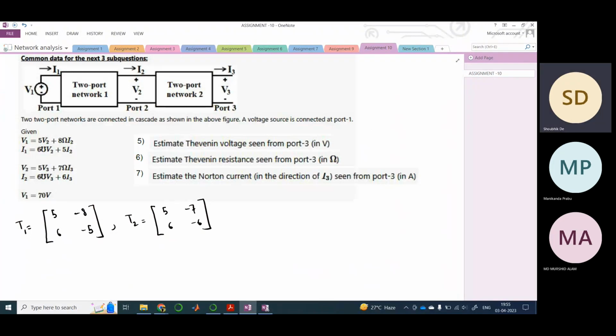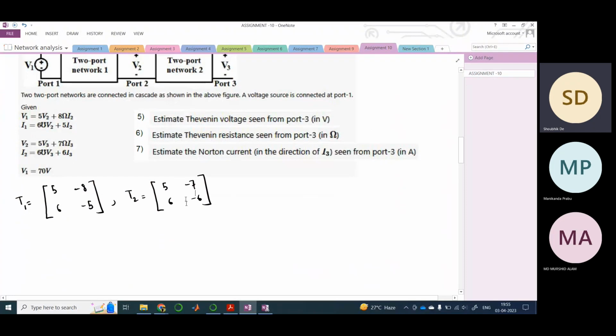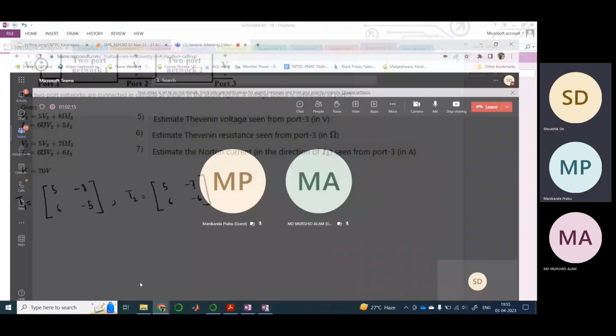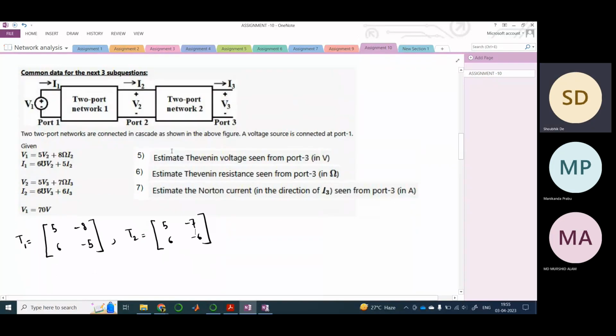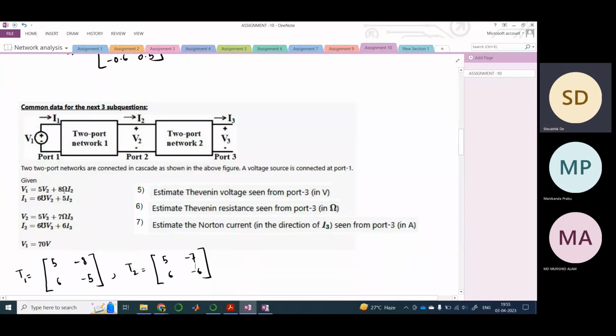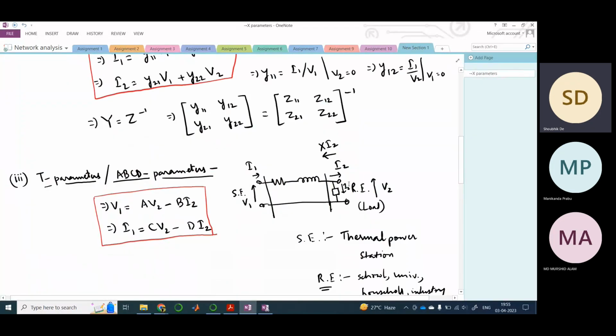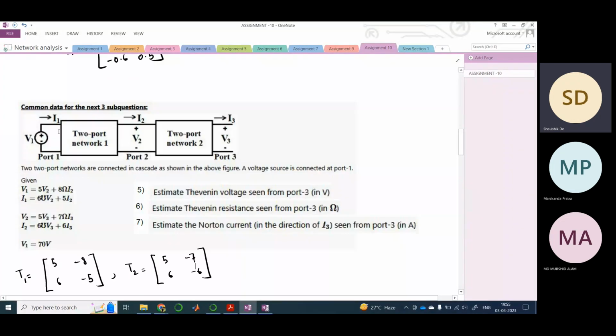But anyways, it won't affect our analysis. But still, why is this minus sign written? Can anyone tell me? Yeah, because see here, basically the ABCD parameters are considered when the current is flowing from the sending to the receiving end, so from this input to the output.